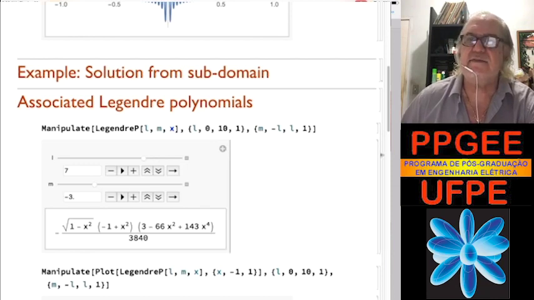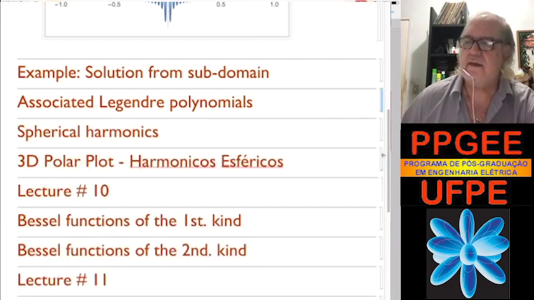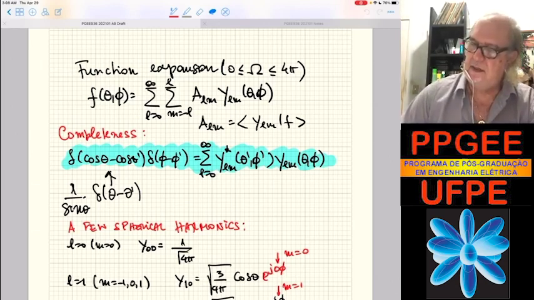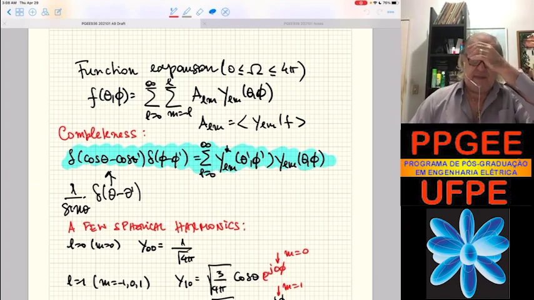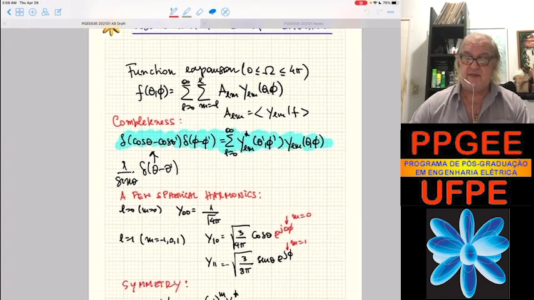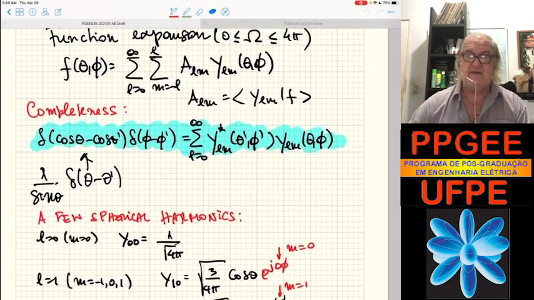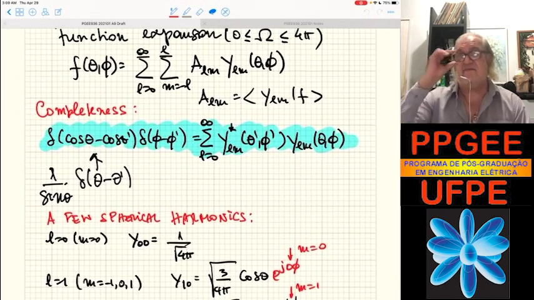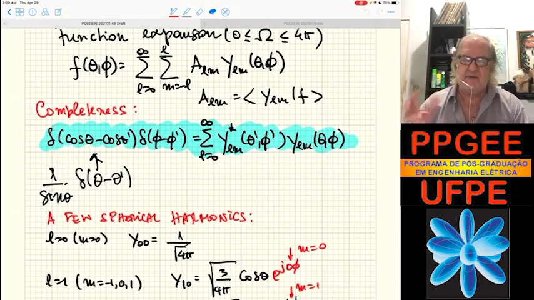Let me close that. Now we have again completeness of the solutions. I'm just not going to simulate the completeness of spherical harmonics because we have complex exponentials. Sometimes the result might be funny, so we have to be careful in doing that.